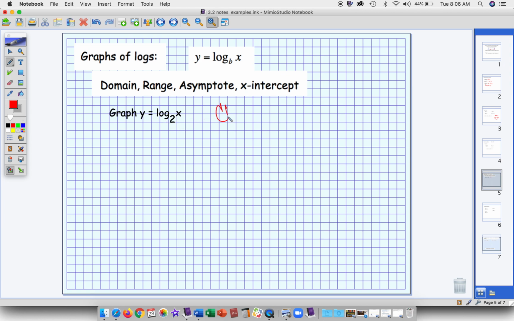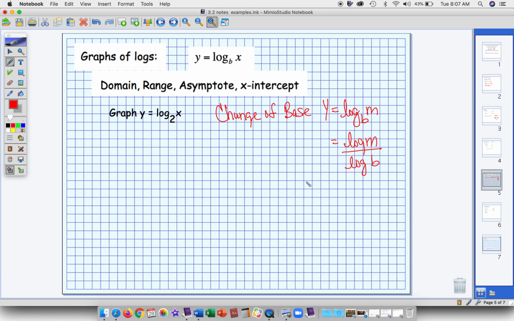So for change of base, I'm going to show you that now so that you can enter these into your calculator. If I have, I'm going to do it in general, log base b of m, the change of base formula says we can rewrite this as the log of m divided by the log of b.